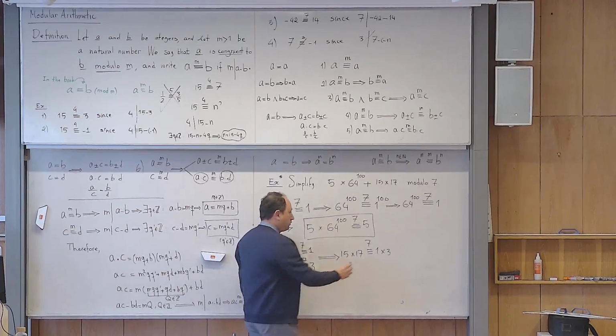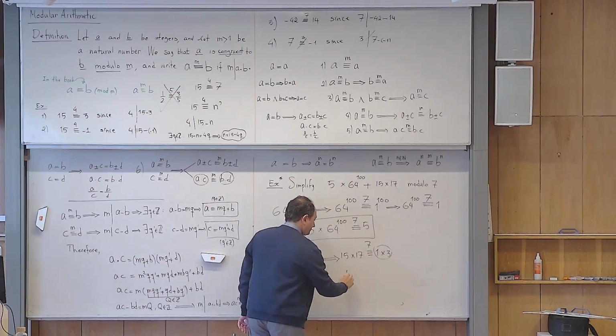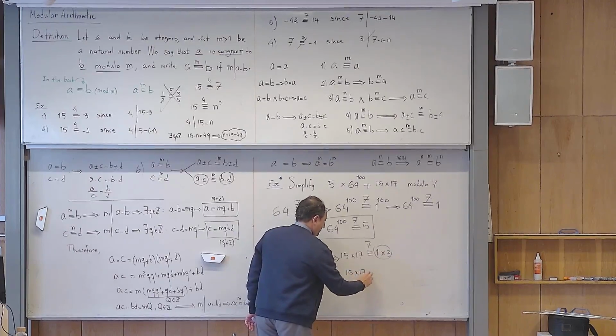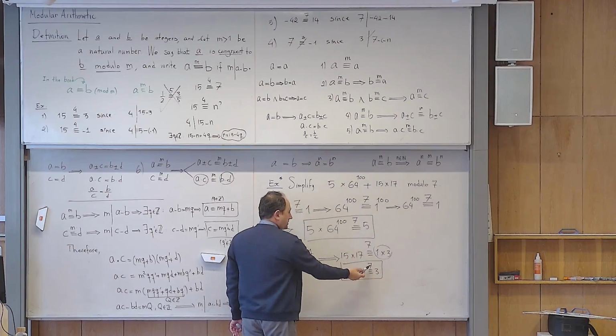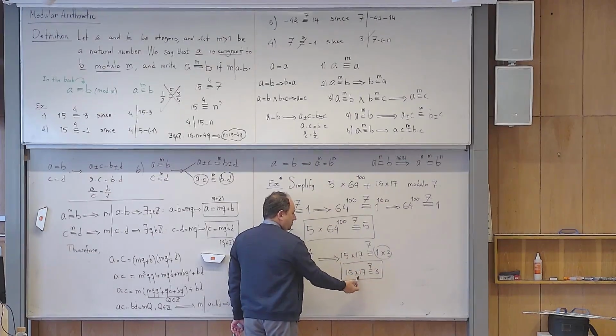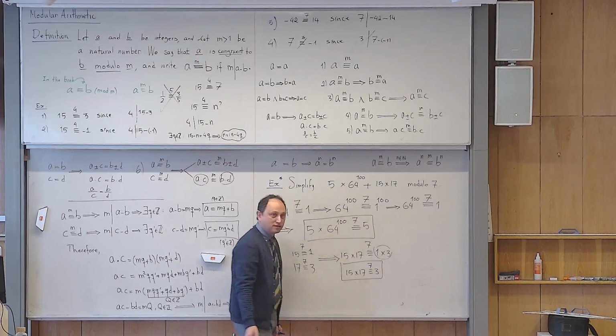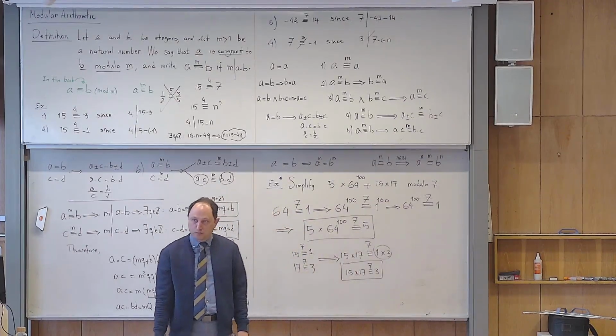Okay, but what is this number simply? It is just 3. So you see, when you decide to work modulo 7, this number is not a huge number, but 3 is better than that, yes? But 3 is another name for that number.